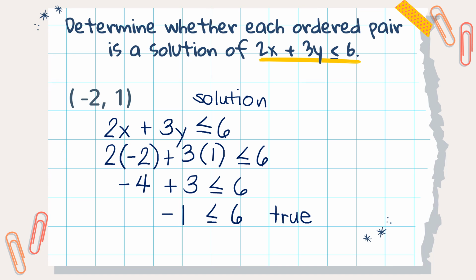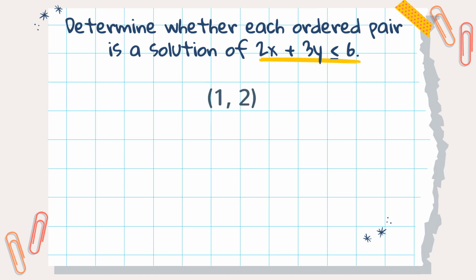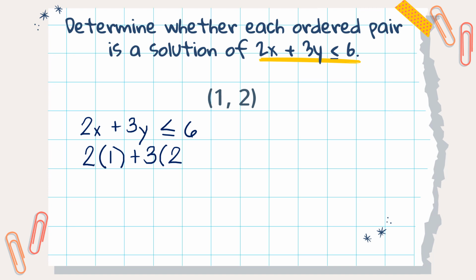Let us have another example. We have (1, 2). Again, we have the linear inequality 2x plus 3y is less than or equal to 6. We substitute 1 to x, and then copy plus 3, and we substitute 2 to y, is less than or equal to 6.